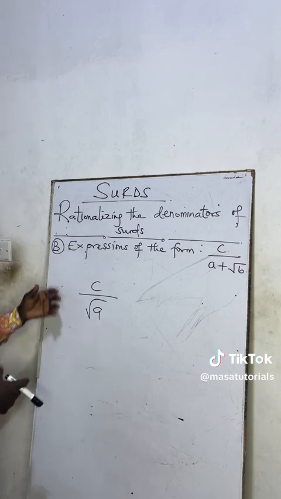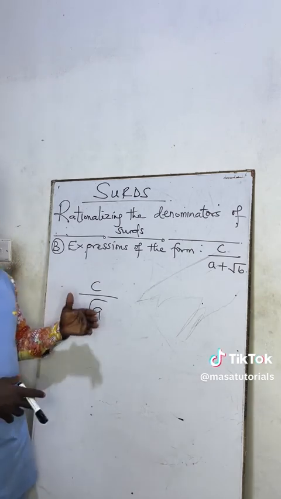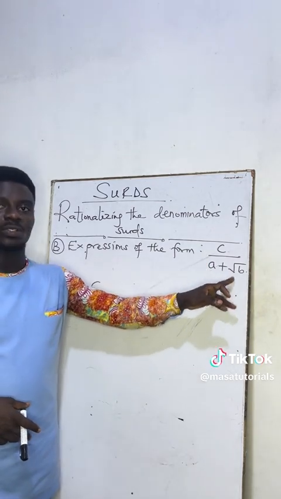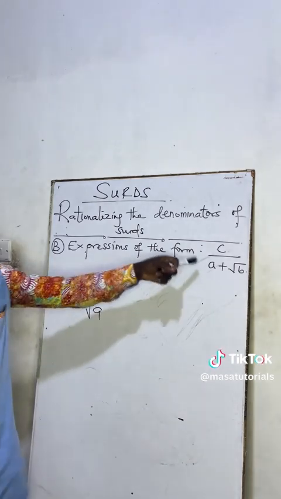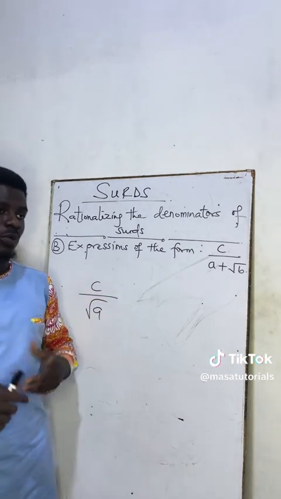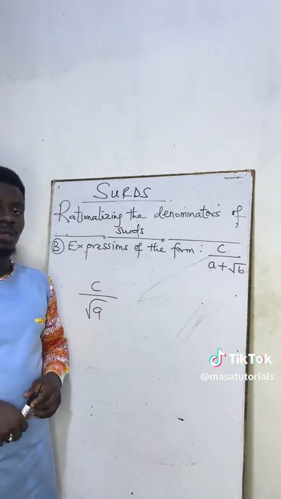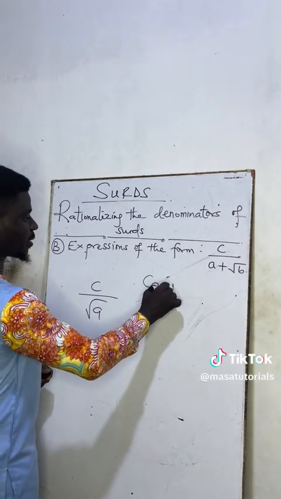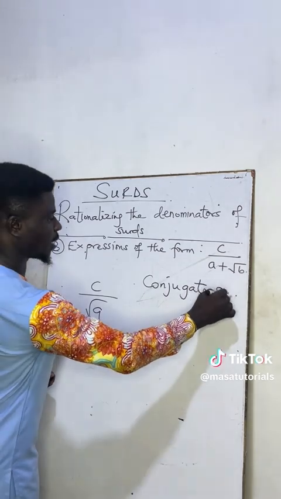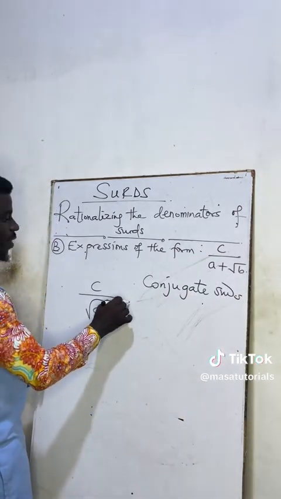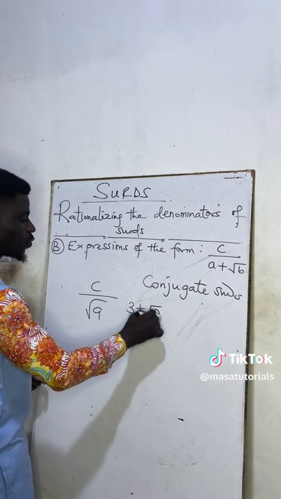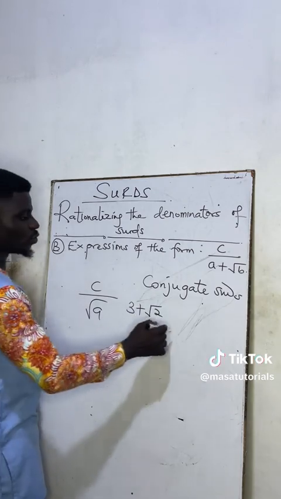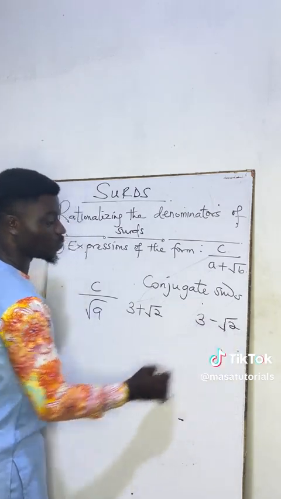Now we proceed to the B part, which we will talk about expressions of the form c over a plus square root of b. Now we did conjugate surds, where we said that if you have 3 plus square root of 2, then its conjugate will be 3 minus square root of 2.